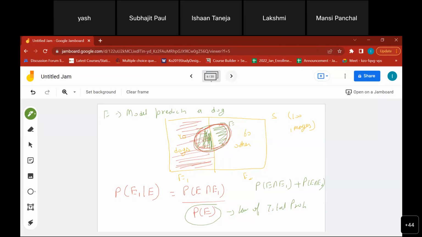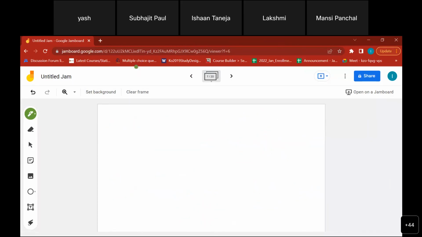So we can write it as probability of E given E1 into probability of E1, plus probability of E given E2 into probability of E2.